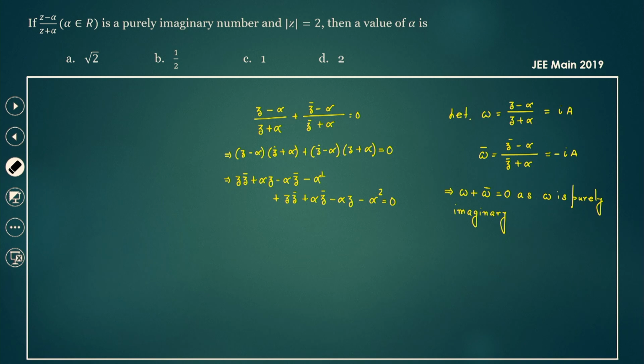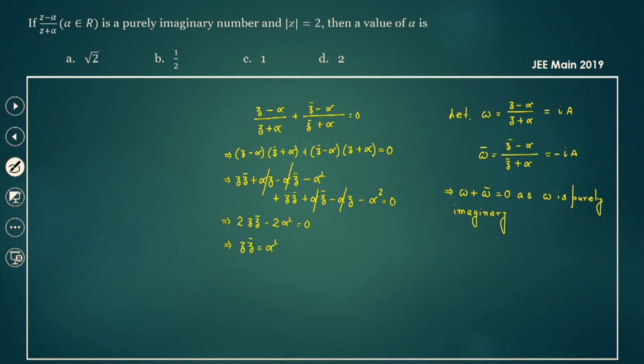Now we can easily get that calculation as 2 z z bar; alpha z and alpha z get cancelled, alpha z bar gets cancelled, so we have minus 2 alpha square equal to 0. That implies z z bar is equal to alpha square.